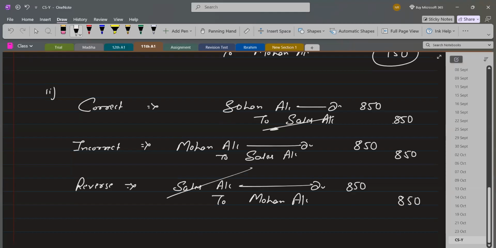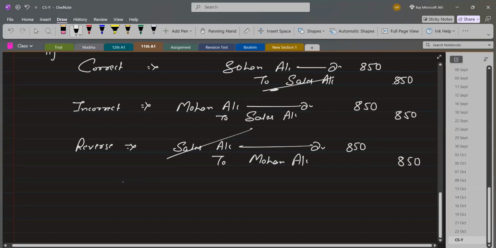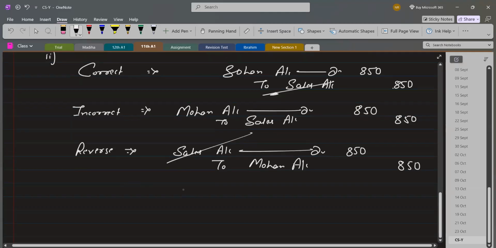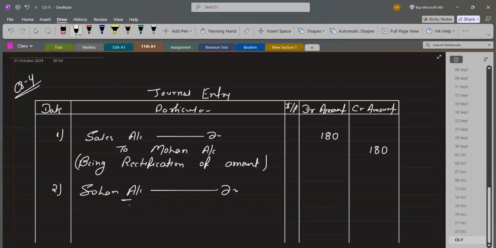So the balance is Sohan account debit to Mohan account with the same amount, 850. Tell me, is this clear?